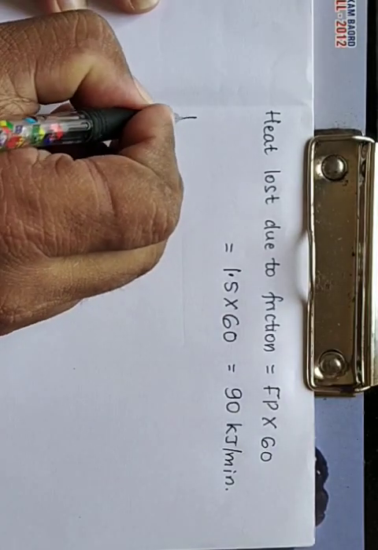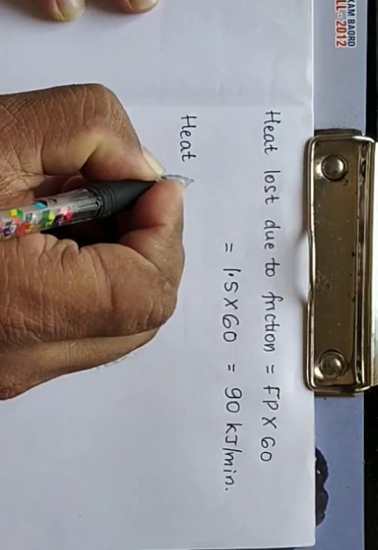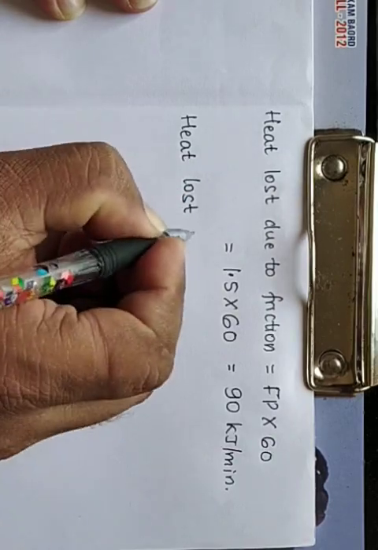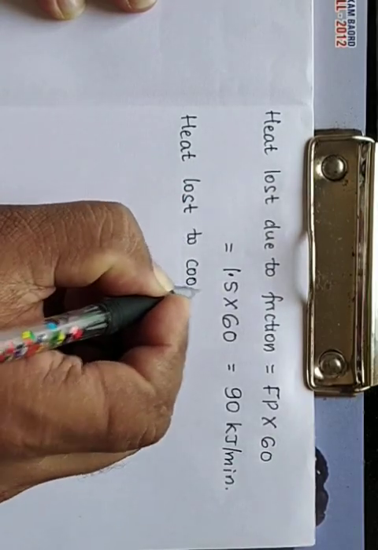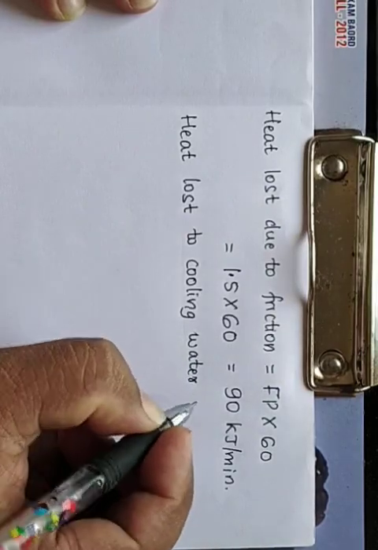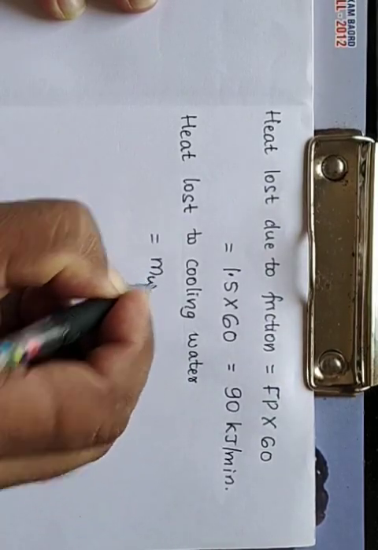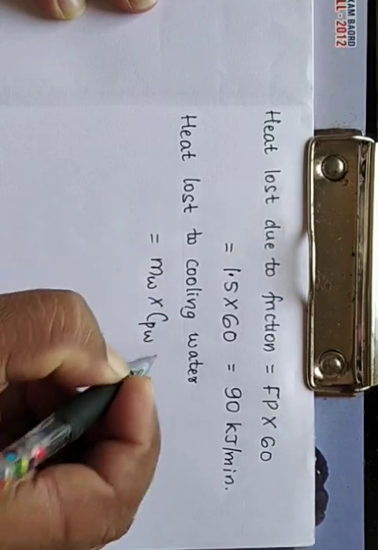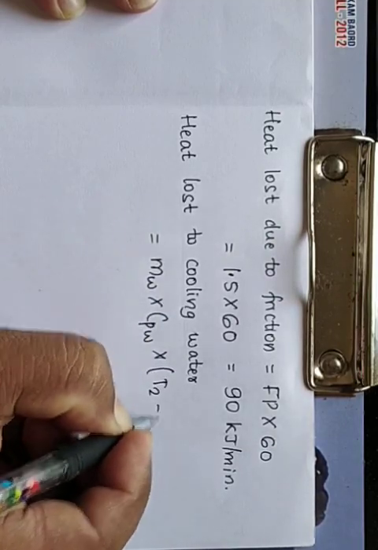Then heat lost by cooling water, or heat taken away by cooling water. So heat loss to cooling water will be mass of cooling water into Cp of cooling water into T2 minus T1.